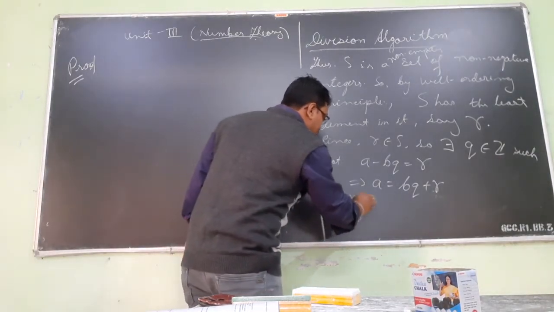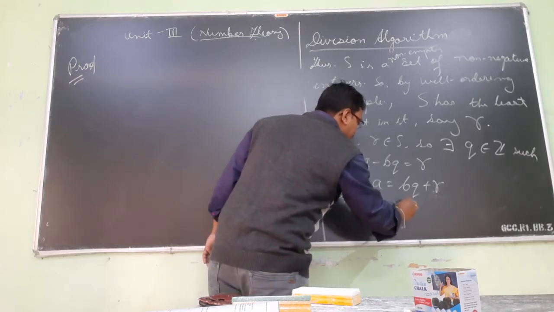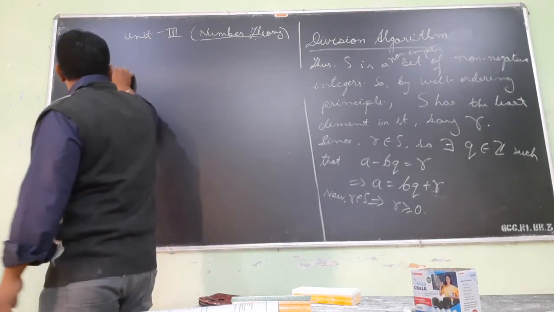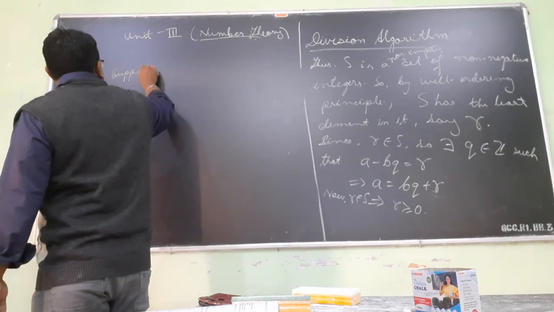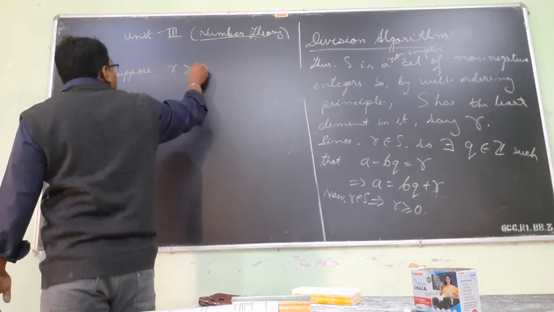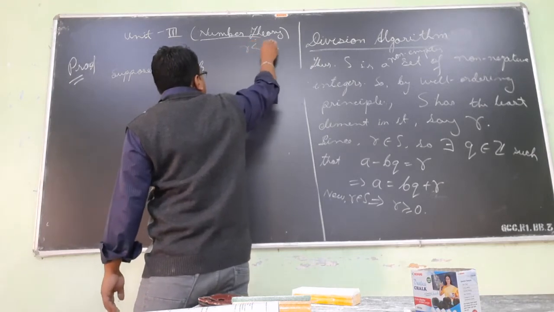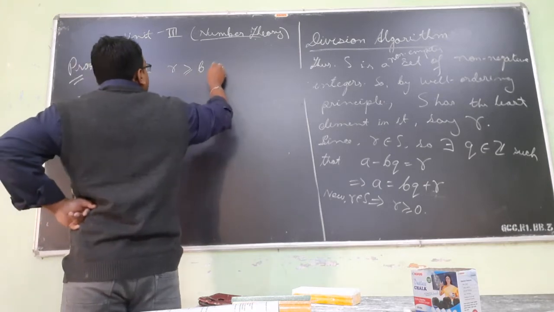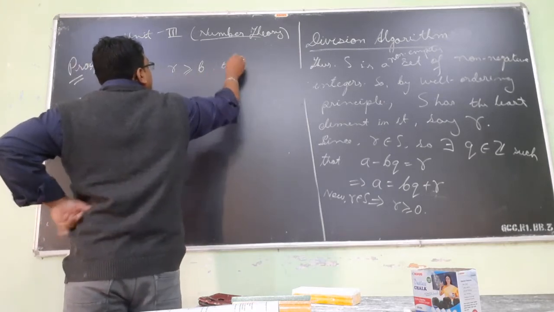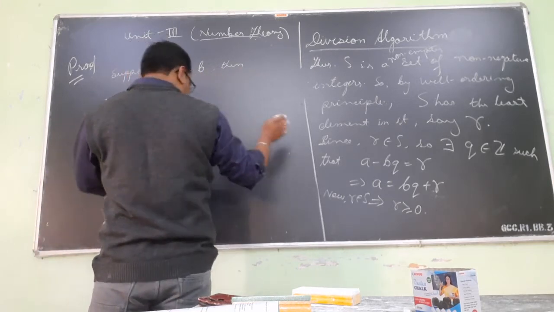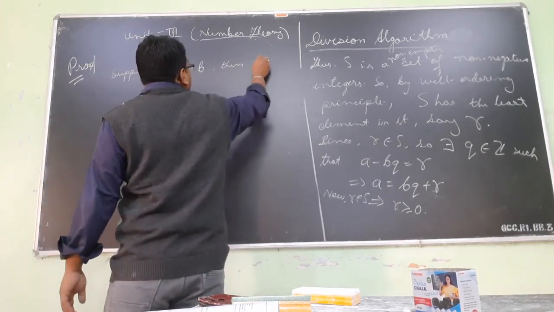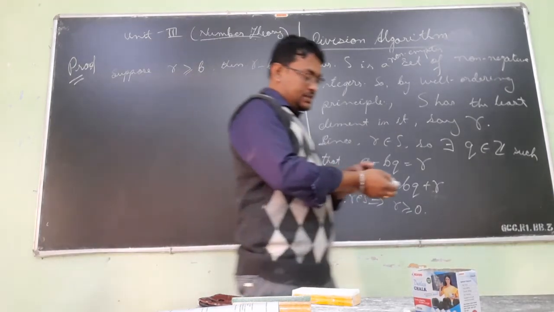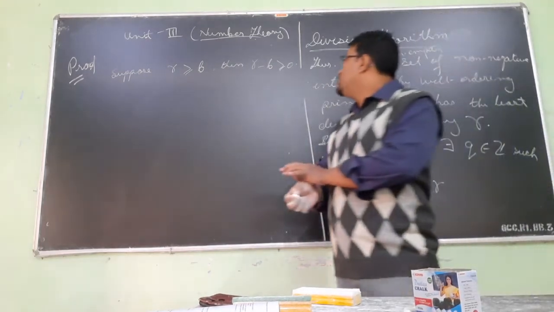I want to show that R is strictly less than B. So to the contrary, I suppose that R is greater than or equal to B. Then R minus B will be greater than or equal to 0.